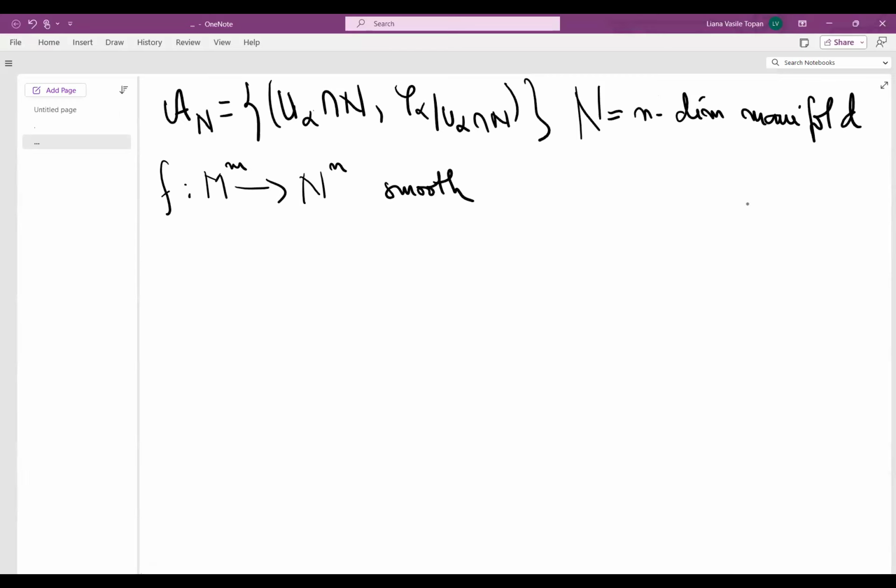Smooth maps between manifolds. Suppose that m is greater than or equal to n, and suppose that y, which is here, is a regular value of the function F.